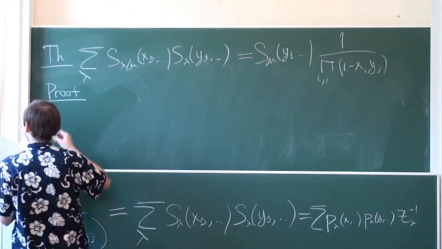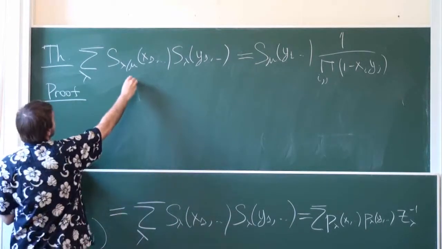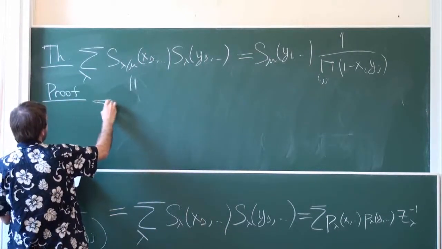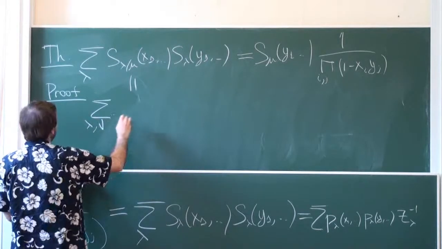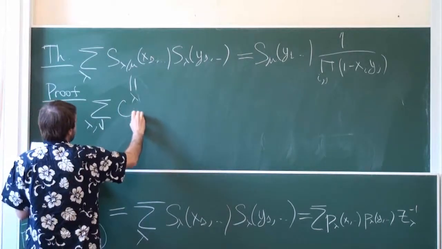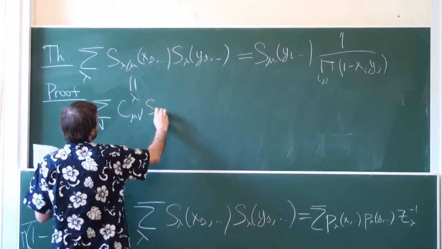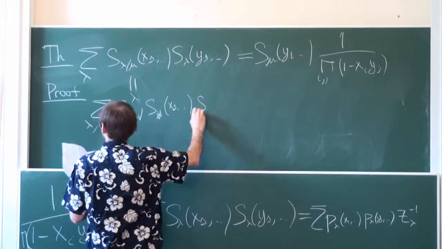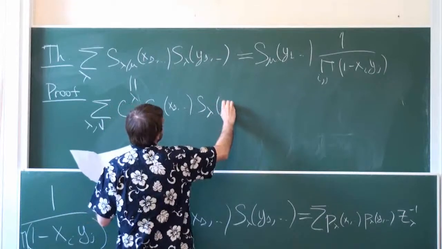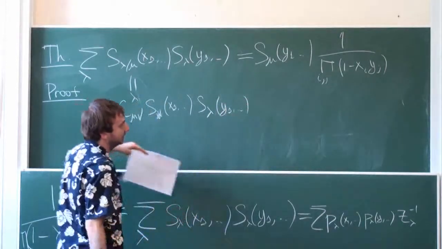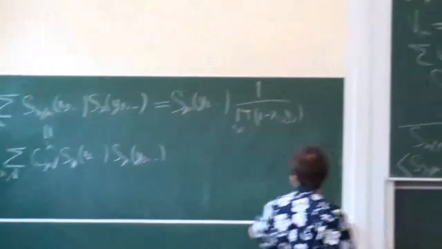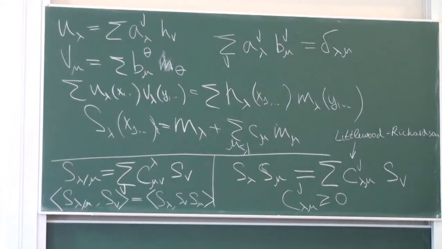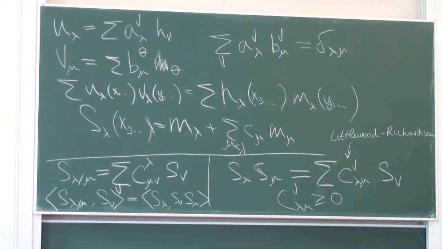Well, just compute the sum just by the definition. So let's write the definition of Schur polynomials, skew Schur polynomials. So this will be the sum over all lambda and nu of C lambda mu nu, S nu of x's, S lambda of y's. So here we just substituted the definition given here into this formula. Now you can see that we can first sum over lambdas in this identity.